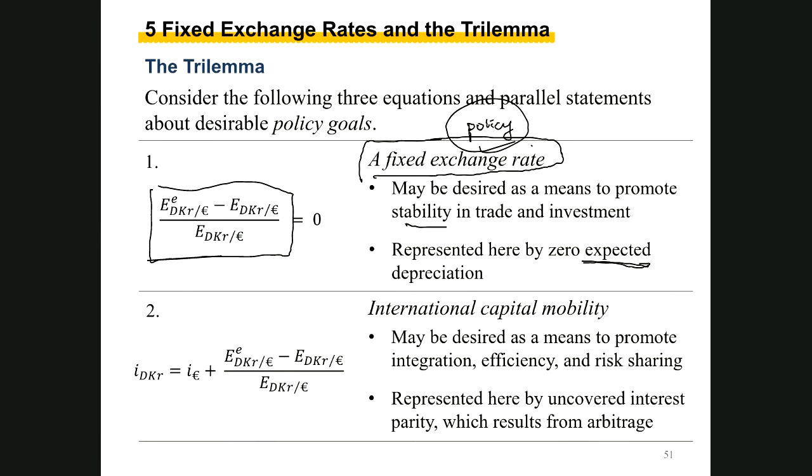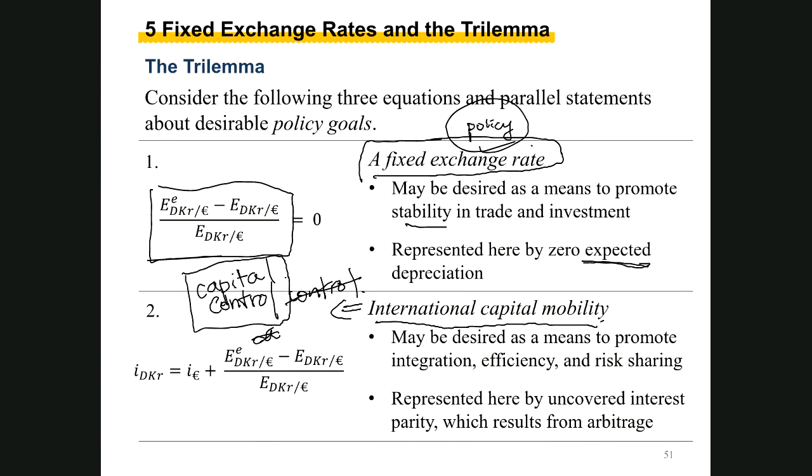Secondly, international capital mobility. So you could treat it as a capital control or not. As you could imagine, in democratic countries or less authoritarian political regimes, they believe in the freedom of the citizen, right?